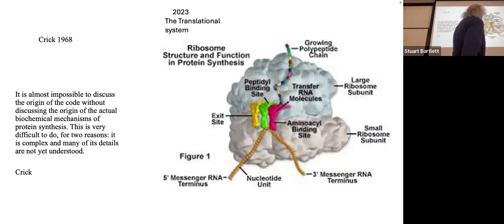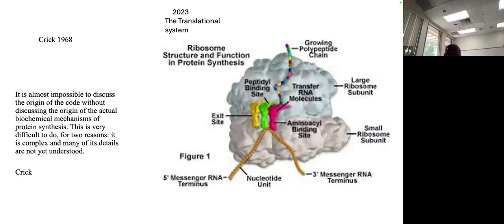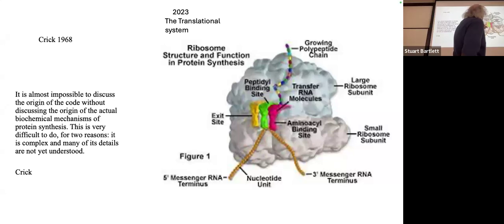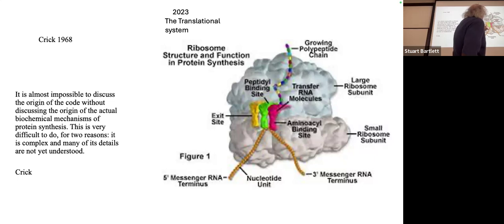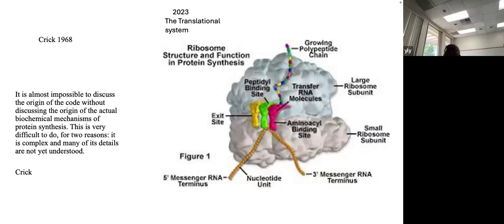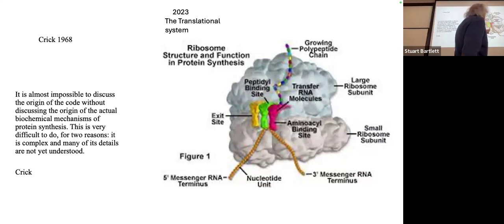What happens now is the peptide chain is transferred to the one that has the amino acid on it, so it grows by 1 amino acid, and the peptidyl tRNA now moves to the exit site, and the one that has just had the peptide attached to it moves to the P site, and a new amino acid with another attached amino acid will come in.